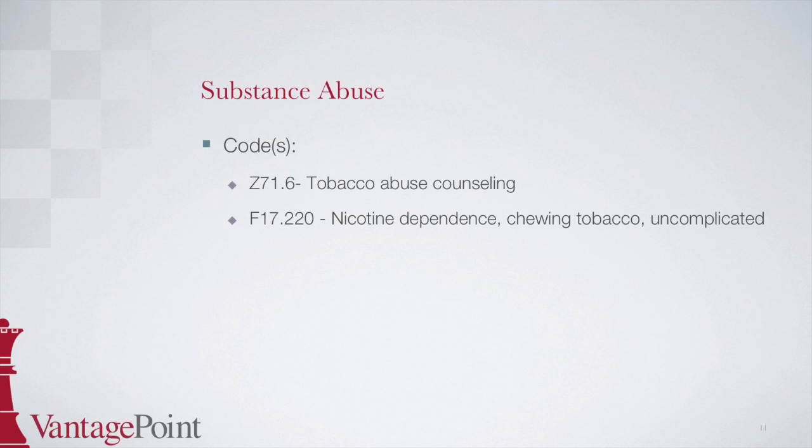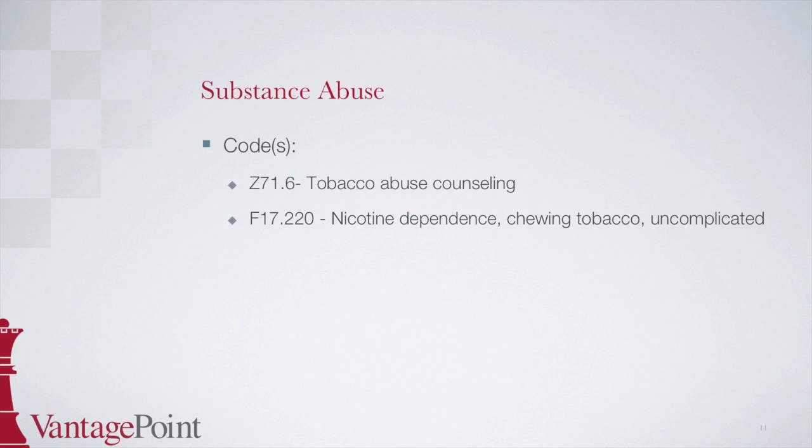When you do, there's an instructional note which says use additional code for nicotine dependence, which is category F17. Therefore, we know our next code has to be from category F17, which is why it's so important to confirm all codes in the tabular list.